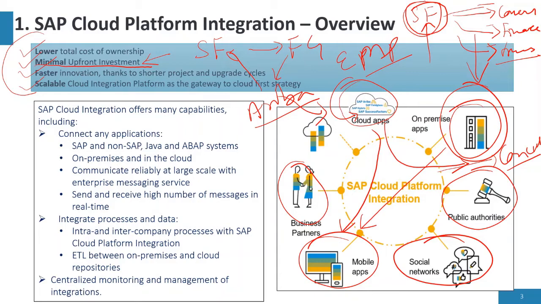Then also, suppose you think that you need only 10 interfaces in your landscape, and after some time you realize that, oh, I need 50 interfaces. So when you increase the number of interfaces, what happens?